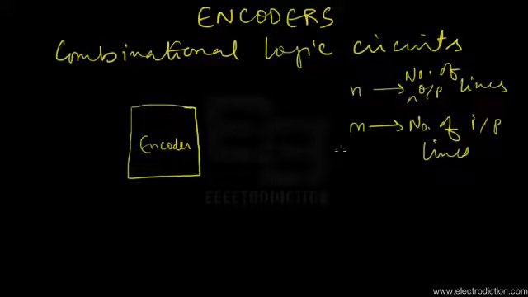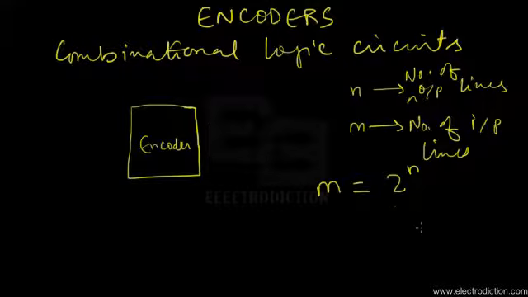The number of input lines of the encoder and the number of output lines are connected by a mathematical relationship. The maximum number of input lines of an encoder is equal to 2 to the power of the total number of output lines of the encoder.